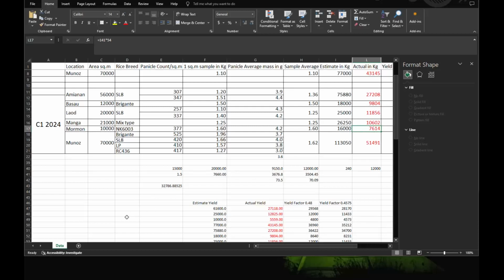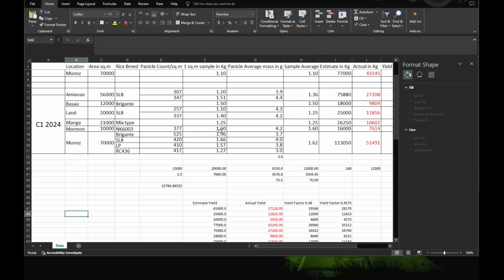It means that there's a lot of panicles or spikelets that haven't fully developed, and those are thrown out. I noticed. I was watching the harvester go through the area. But one thing though is this breed here. It really is interesting. So I'm going to replant this next year, NK 6003.